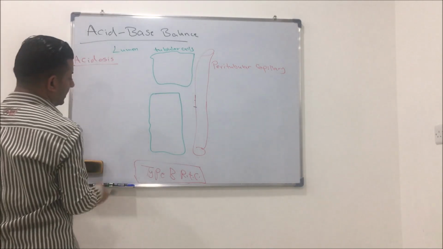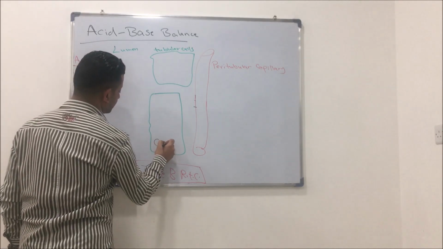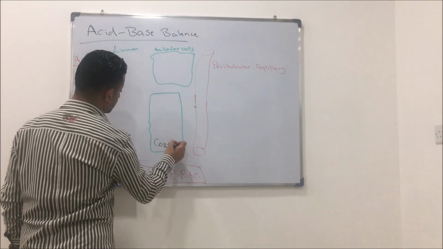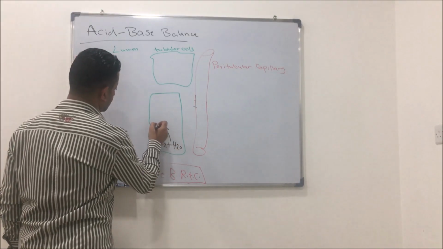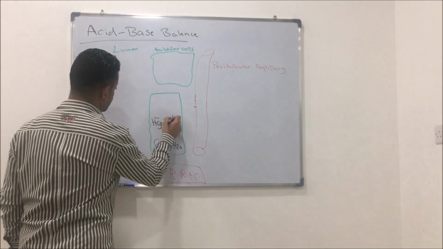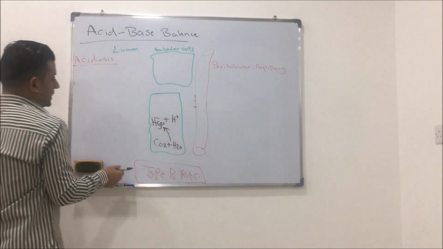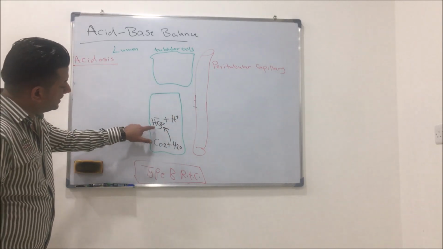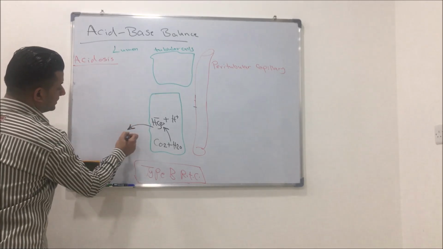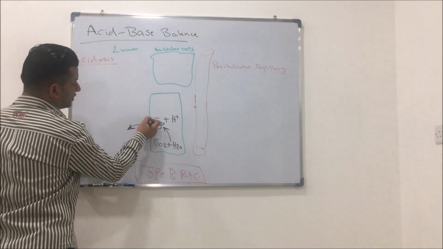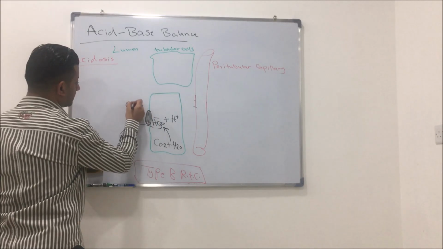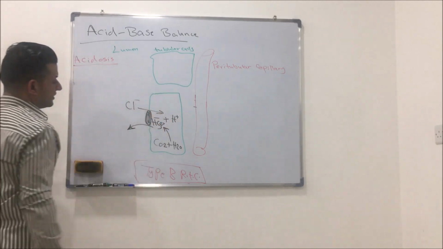So in case of alkalosis, now the bicarbonate will be excreted to the lumen in exchange, of course, with what? In exchange with chloride here.